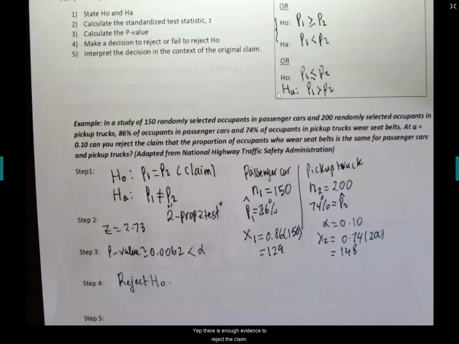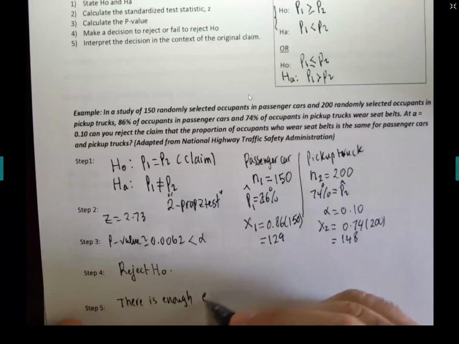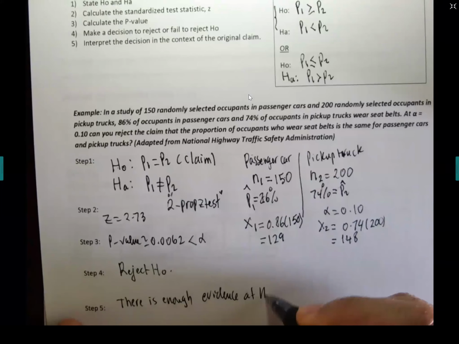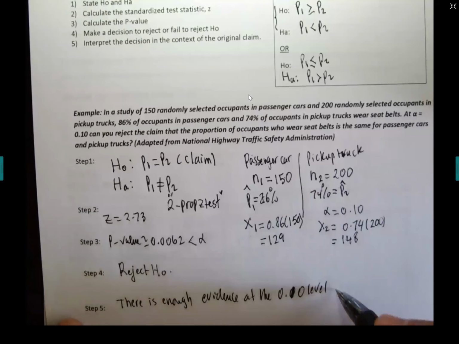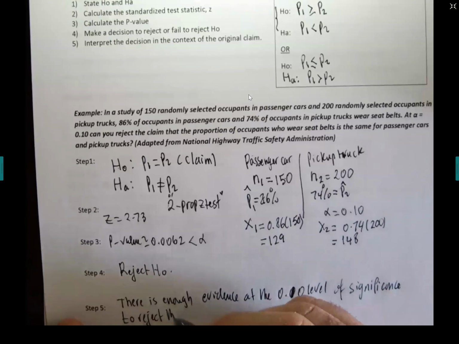Yep, there is enough evidence at the 0.10 level of significance to reject the claim.